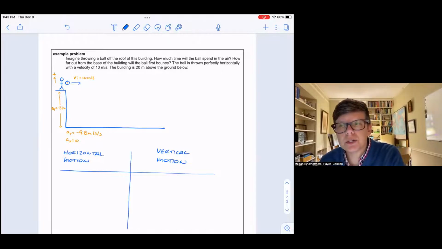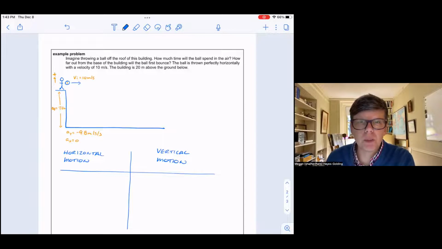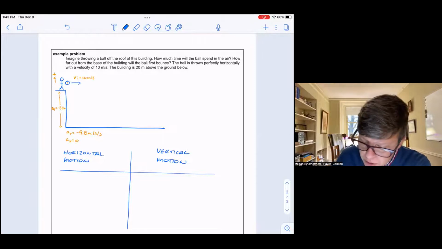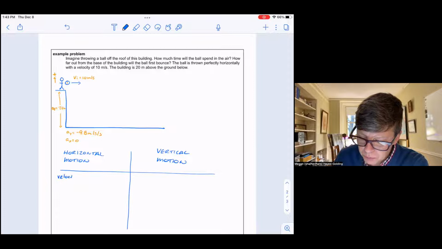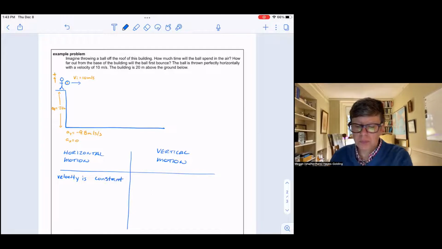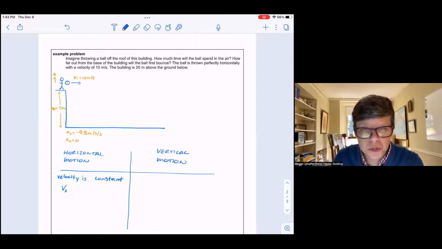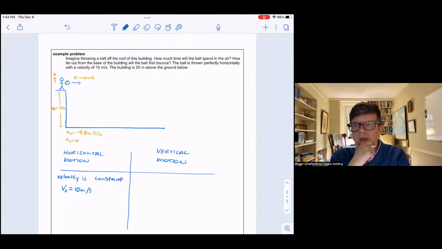You're going to solve each part of the problem separately. With 2 columns established, now we want to fill in the important assumptions that projectile motion tells us about this ball being thrown off the roof of the building. First of all, let's go with the horizontal motion. The velocity is constant. That sets up that 10 meters per second. It's horizontal. It applies forever until the ball hits the ground. Now let's look at the vertical direction.